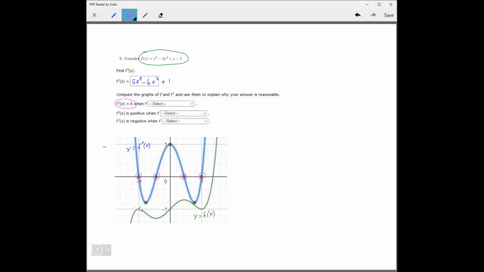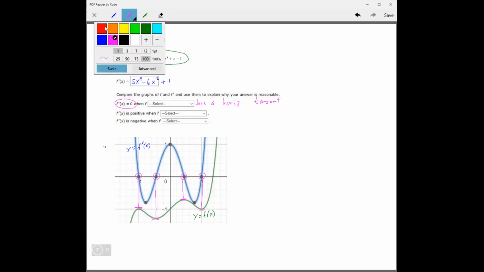And at every single one of these points, f has a horizontal tangent. We've talked about this before, that when the derivative is 0, you have a horizontal tangent at that point.